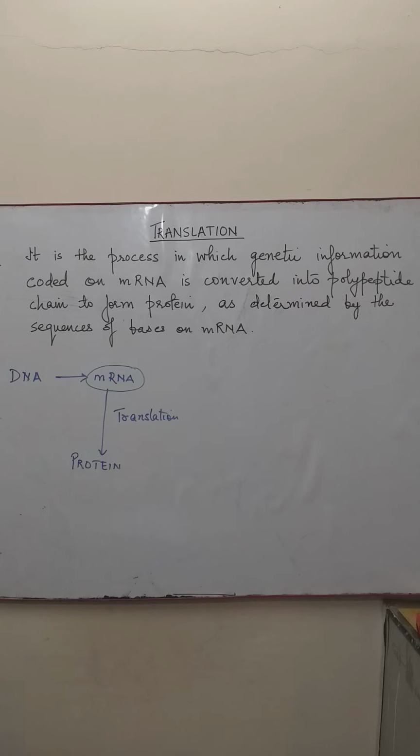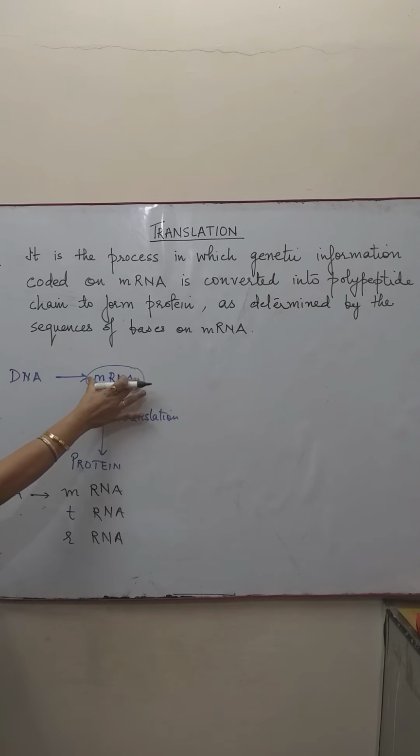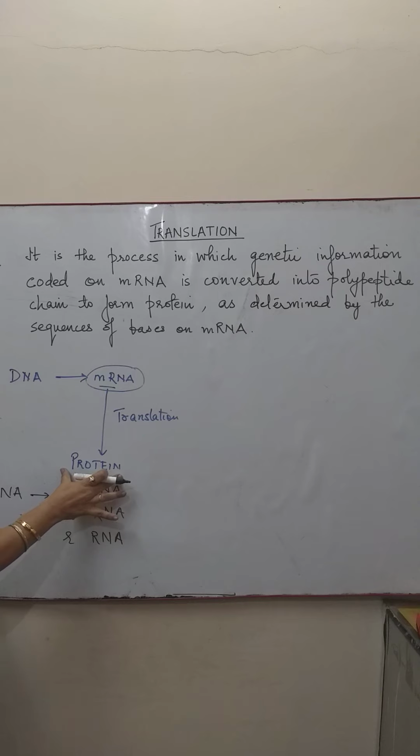We know there are three types of RNA which exist. First is mRNA, then we have the tRNA, and then the rRNA. The mRNA is known as the messenger RNA because it is passing the information. It is carrying all the information which is to be decoded to form the particular protein.